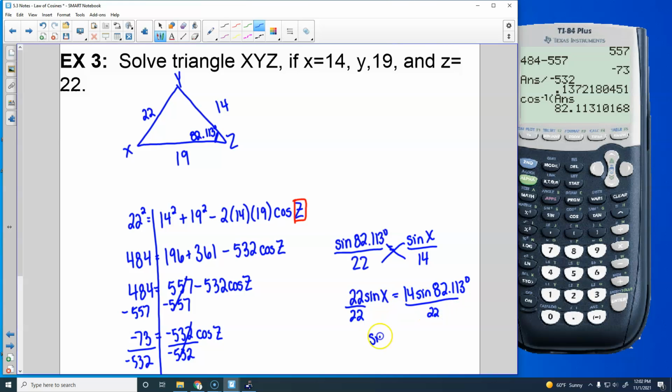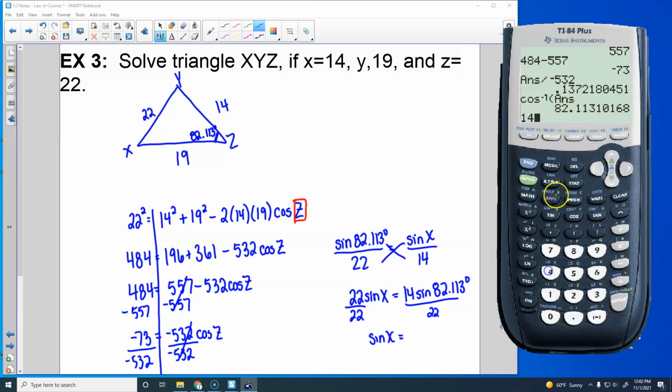So sine of x is going to equal, calculator, 14 sine of that answer divided by 22 is 0.6303.